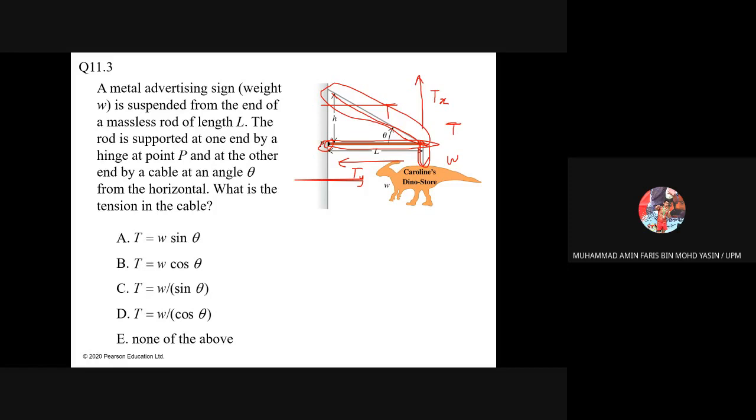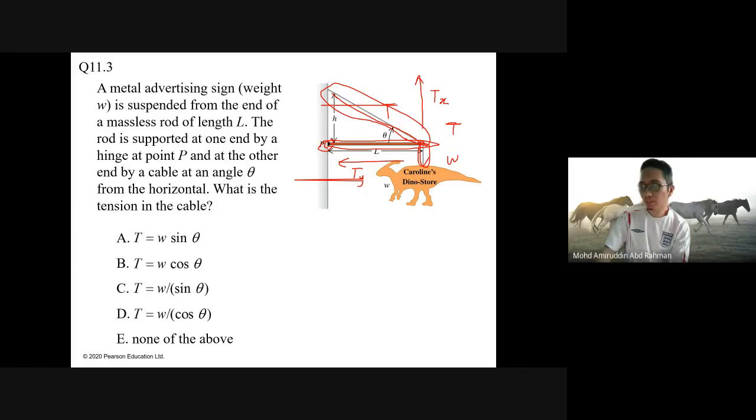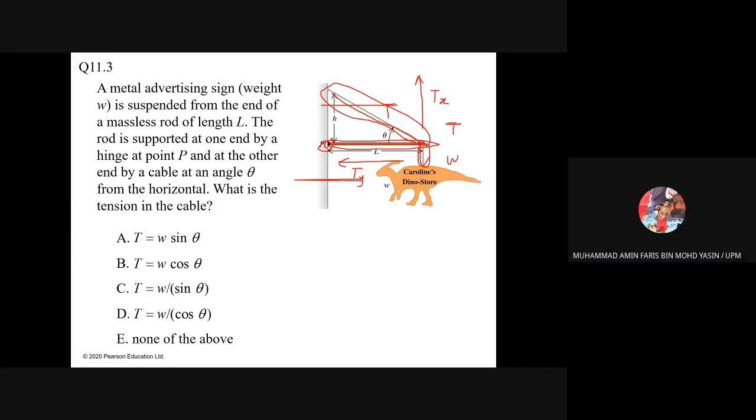I think W is the same as H, so we can use sine theta. So we can use W sine theta to find the tension.